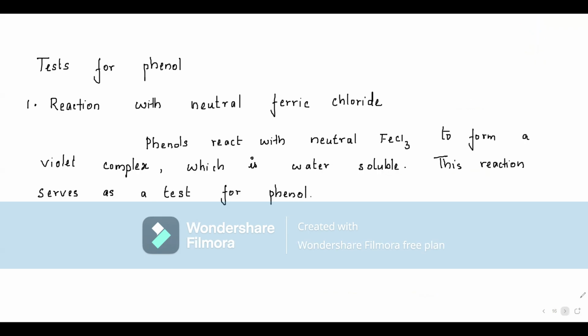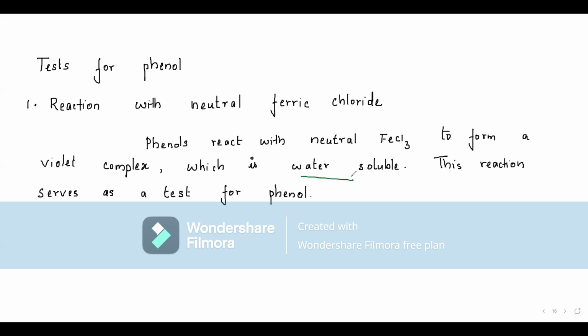Now, the last part is test for phenol. That is, a compound is given to you and you need to check whether it is phenol. Phenols react with neutral ferric chloride to form a violet-colored complex which is soluble in water.